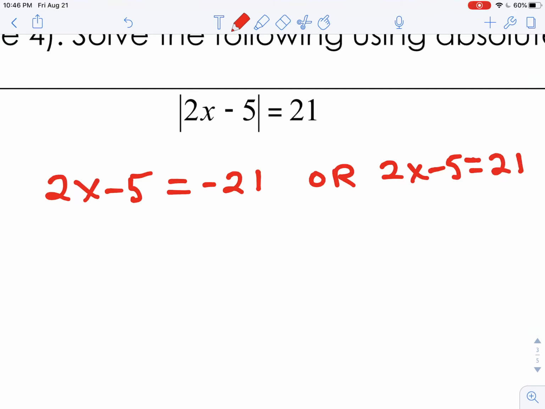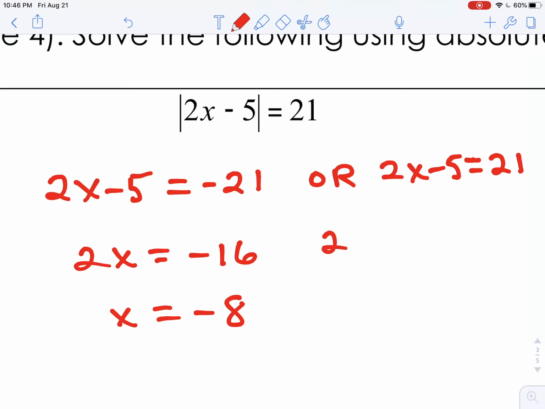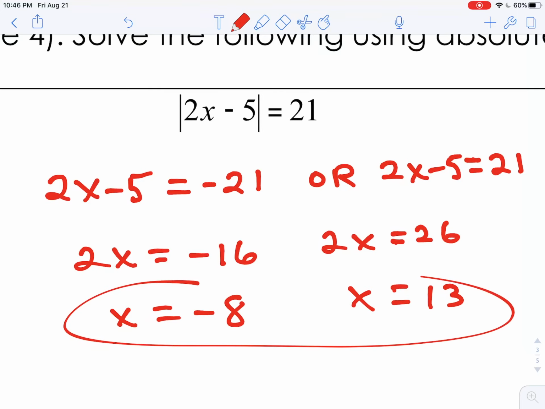And now we solve these equations separately. We get 2x equals negative 16. X equals negative 8 is one answer, because we're adding 5 to both sides there. And we also get 2x equals 26. So x equals 13. We get 2 answers because of the nature of the absolute value.